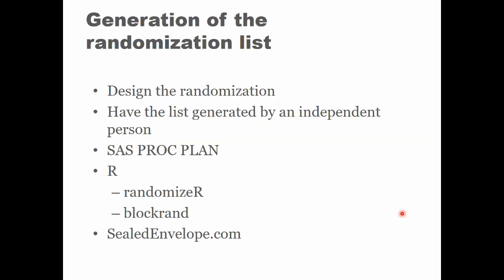So generally, generation of the randomization list falls on the statistician or an independent statistician. So you as the researcher will work with your statistician and you'll design the randomization the way we've discussed earlier in this talk. And then you'll have the list generated by an independent person, and they can use any number of statistical software packages to do that.